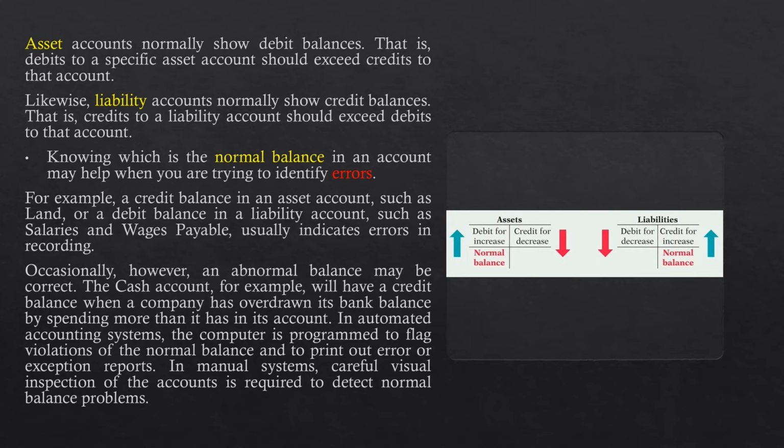In an automated accounting system, the computer program usually flags a violation of the normal balance and prints out an error or exception report. But in a manual system, careful visual inspection of the accounts is required to detect balance problems. So be aware of that.